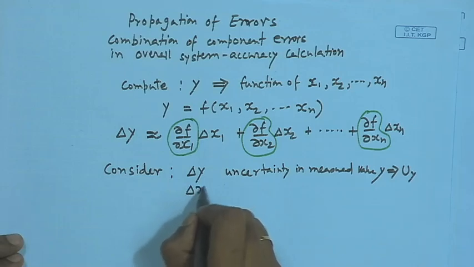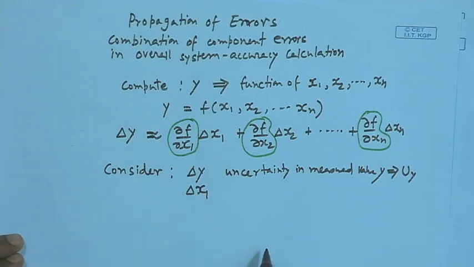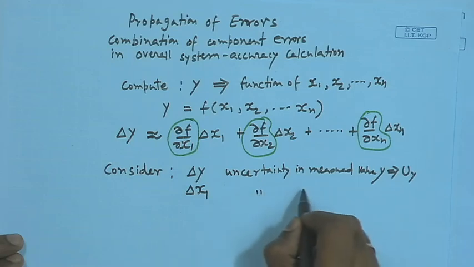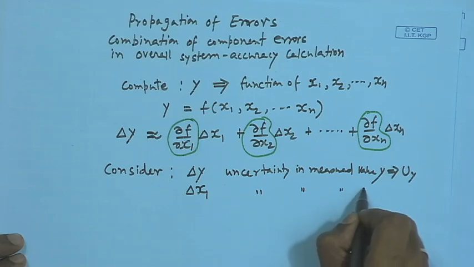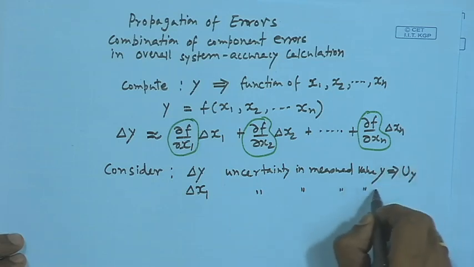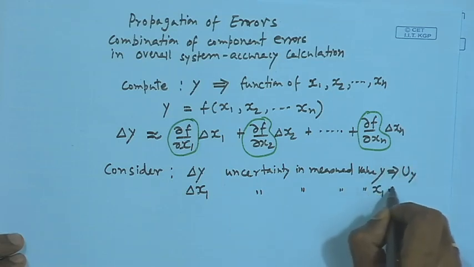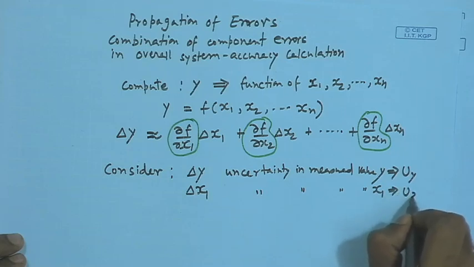Similarly, delta x1 to be uncertainty in measured value x1, which we represented as u x1.